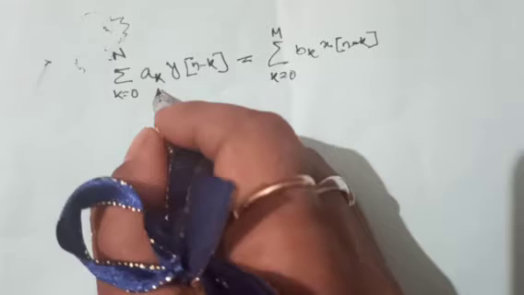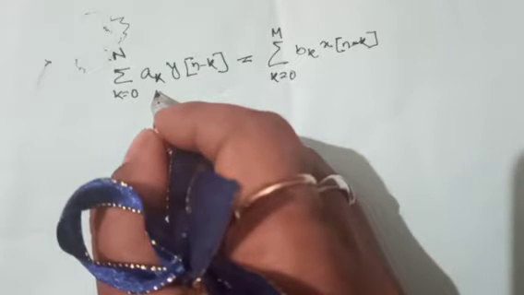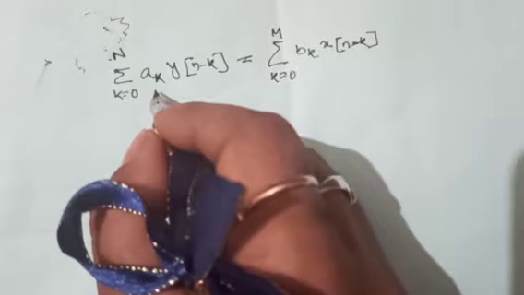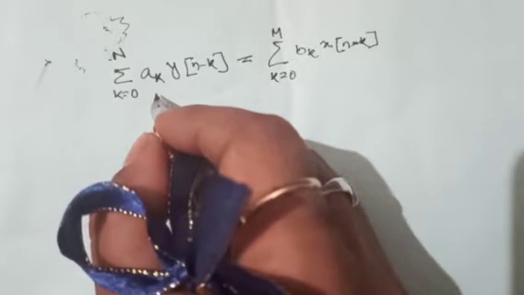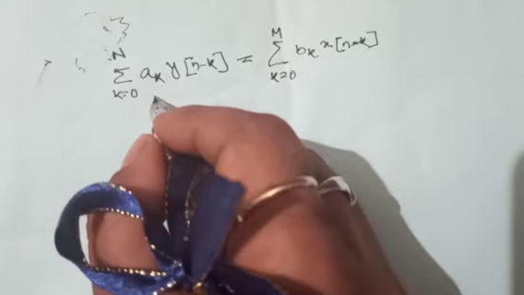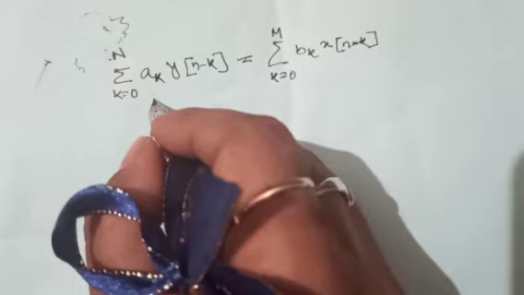If this a0 is not equal to 1, then as I already mentioned, we have to normalize by dividing the equation by a0.